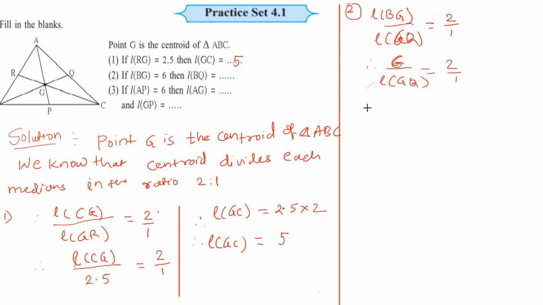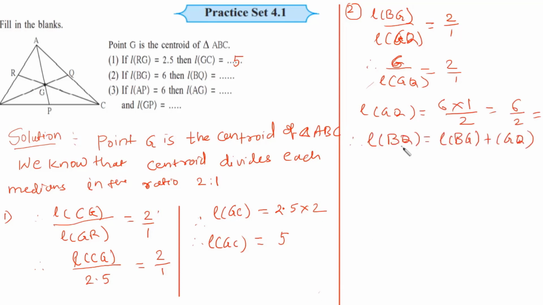Then by cross multiplication, length GQ is equal to 6 multiplied by 1 upon 2, which is 6 upon 2, equal to 3. Therefore, length BQ is equal to length BG plus GQ. Here BG is equal to 6 plus GQ is equal to 3, which is 9. And the second answer is, if BG is 6, then BQ is equal to 9.